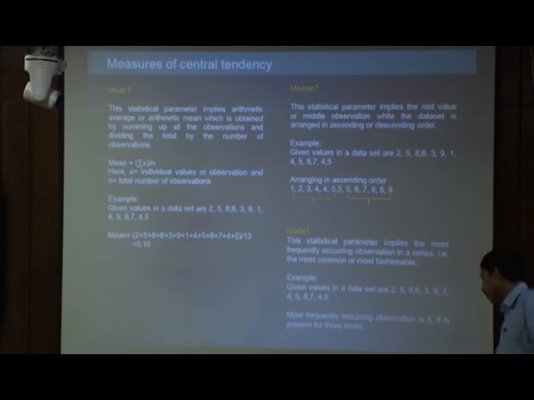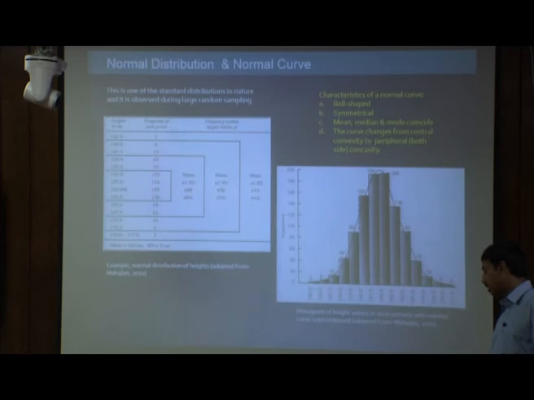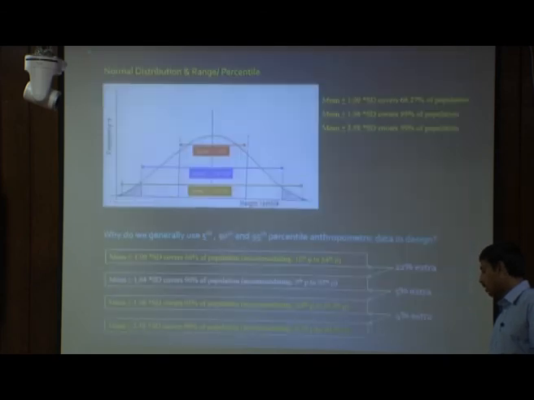Mean is the 50th percentile value in the case of a normal distribution, because in a normal distribution, the mean, median and mode values coincide. Then we again discussed the standard deviation value, how it is calculated and what the meaning of standard deviation is. Then normal distribution.